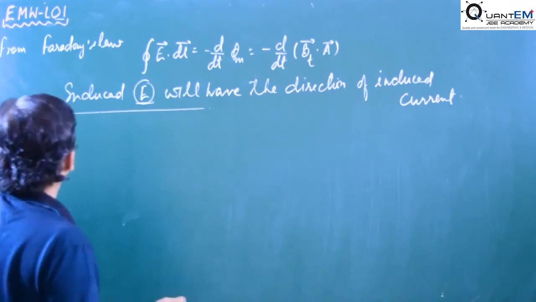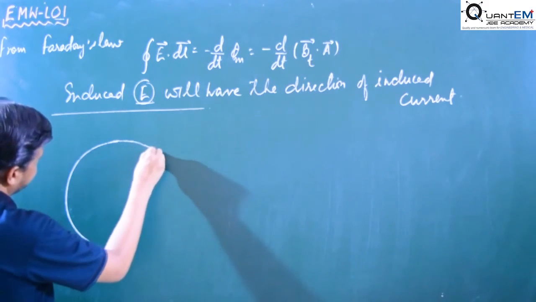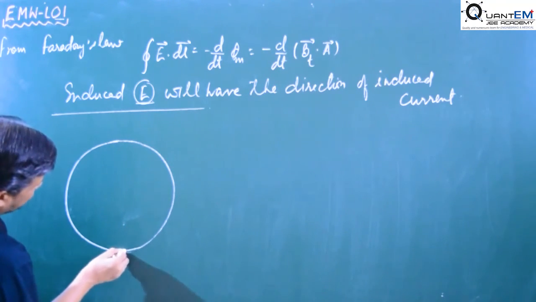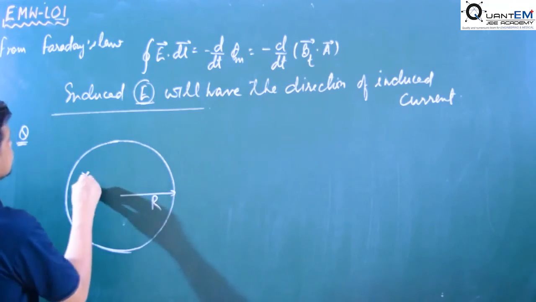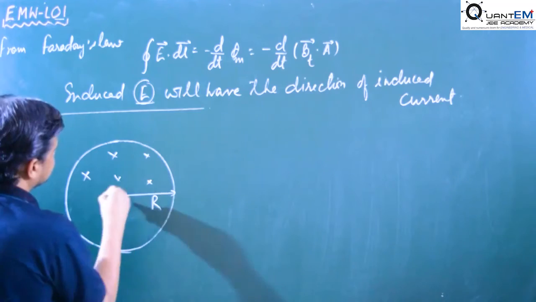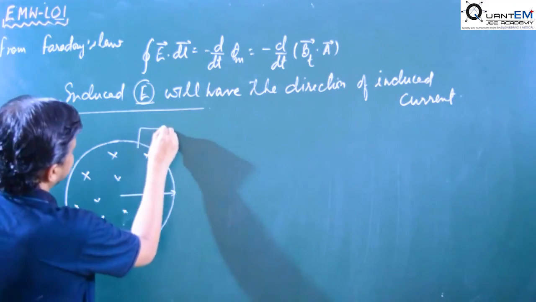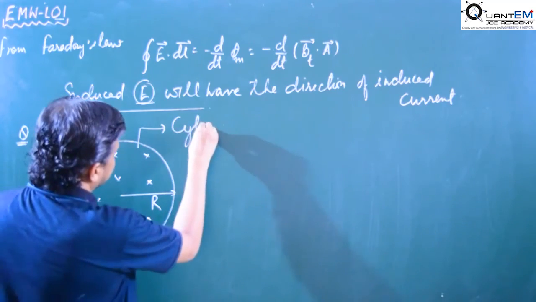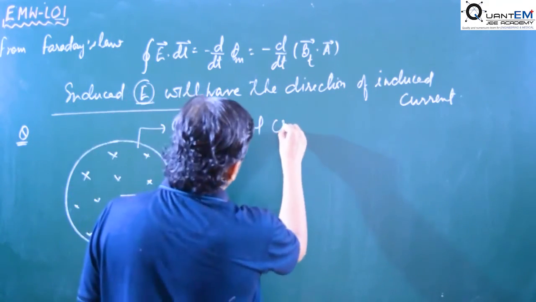ओके, वी हैव अ सिलिंड्रिकल सेक्शन ऑफ रेडियस सपोज R. Is a cylindrical cross section.